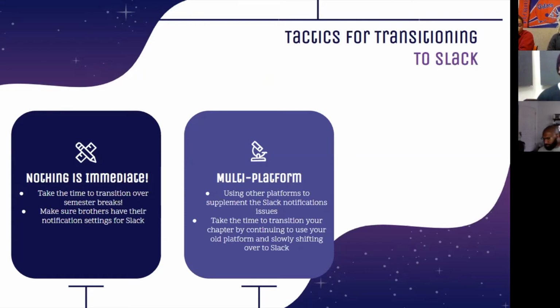And I think part of the biggest issue with that is that your officers need to be posting on both platforms while you're transitioning. So you have to be cognizant of that. Words are hard today. But you have to be able to keep an eye on your officers and make sure that they are doing the same thing that you're doing, where you're posting everything on there.